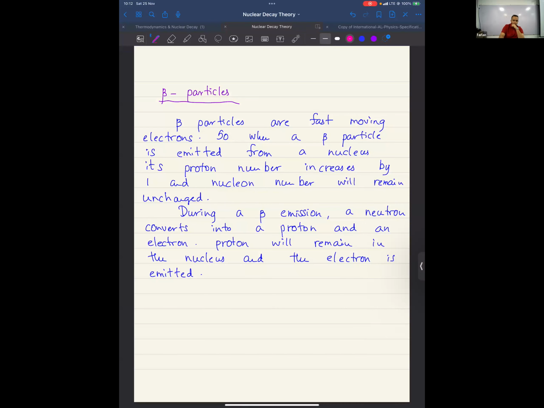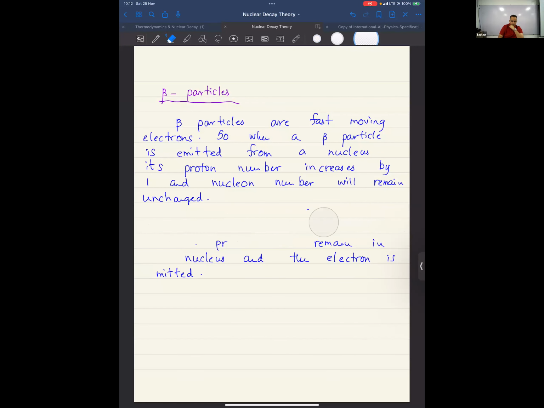Okay, now listen. A beta particle means a fast moving electron. So a beta radiation means a nucleus emitting a beta particle, and becoming another nucleus. Now this radiation happens from the nucleus.